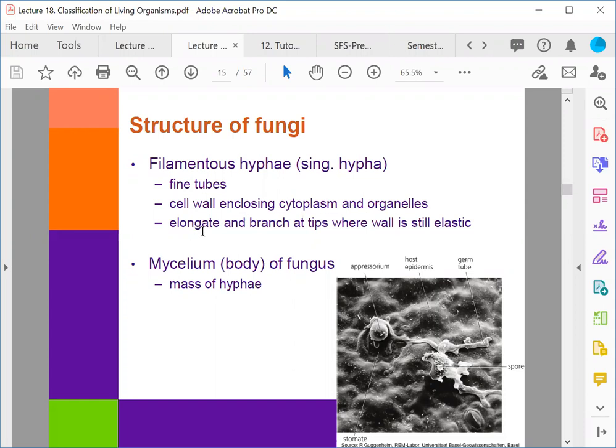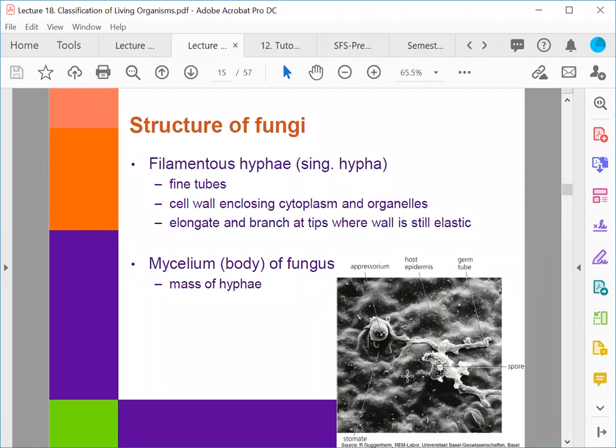These filamentous hyphae grow, elongate, and branch at the tips, where the cell wall is still developing and still quite elastic. The main body of a fungus is called a mycelium, and the mycelium is often just a mass of hyphae.